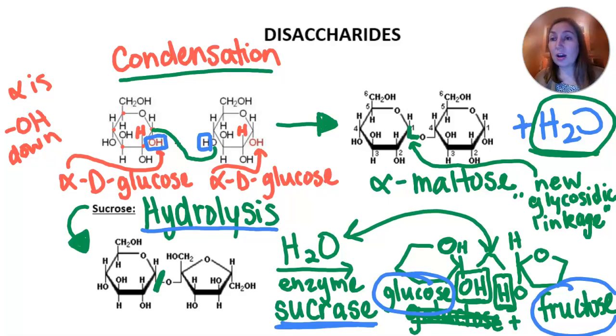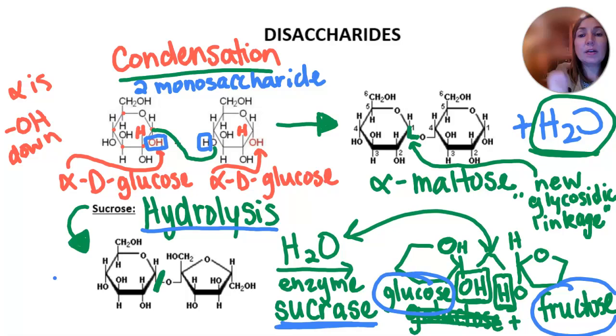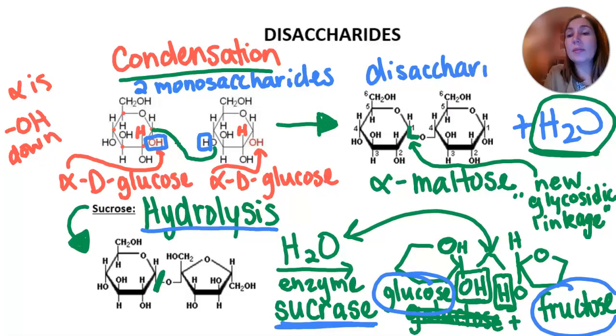Condensation is going to take our two monosaccharides, put them together to make a disaccharide. Let's label that. Condensation takes our two monosaccharides. It's going to give us a disaccharide plus water.